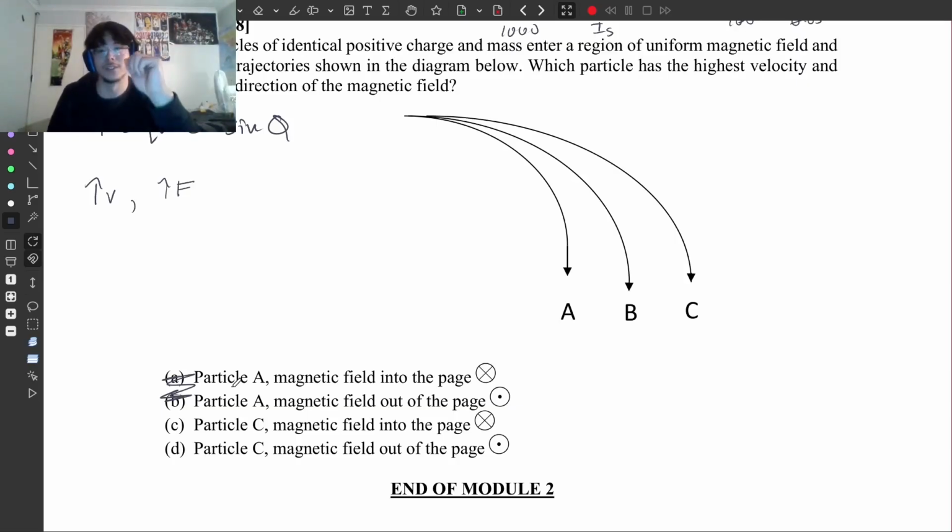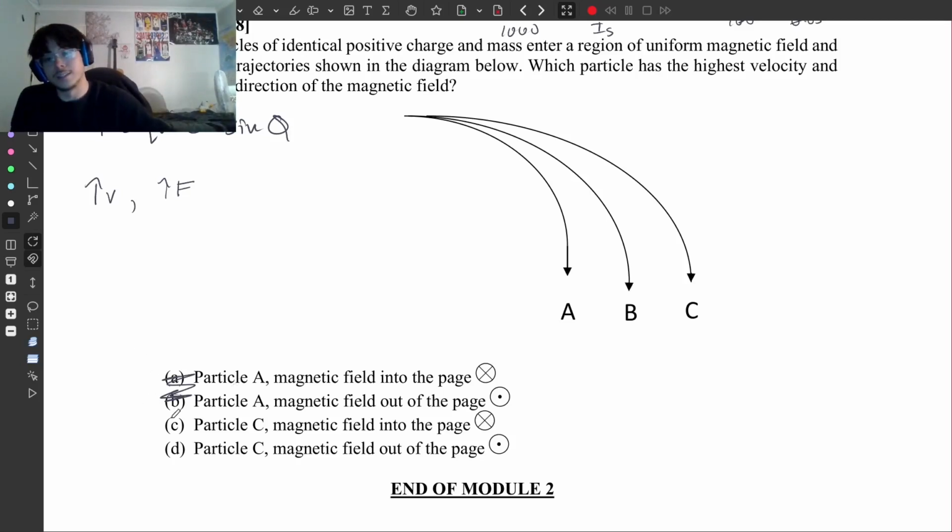So what you would need to do is, if your velocity vector is going right, then you would need to have your magnetic field going into the page so that your force vector will be going down, which is what we need in this diagram, because you see that the projectile is going in and it's moving down. If the magnetic field was coming out of the page, then my hand would be like this and the particle would be deflected upwards.